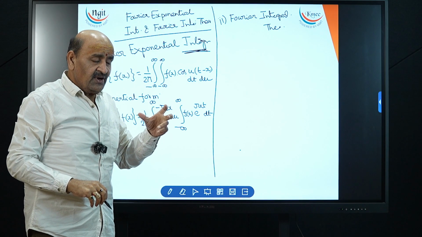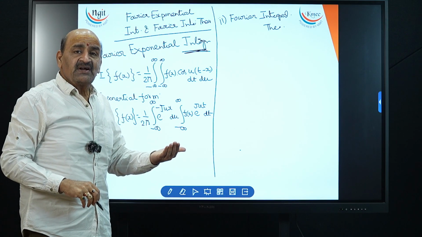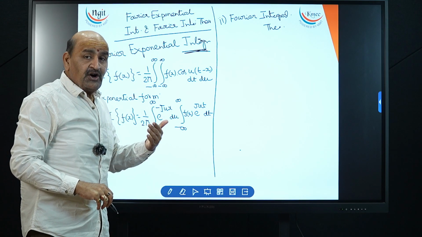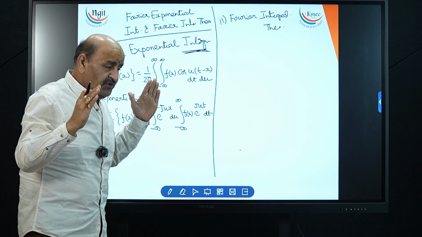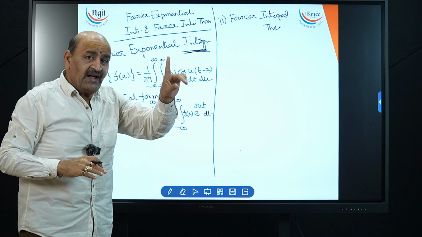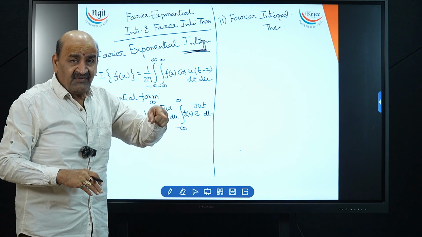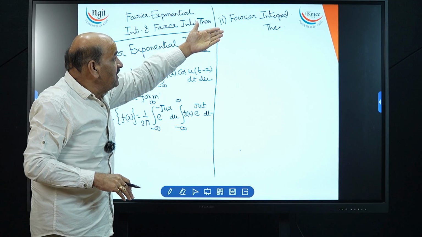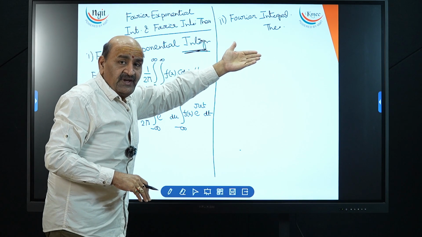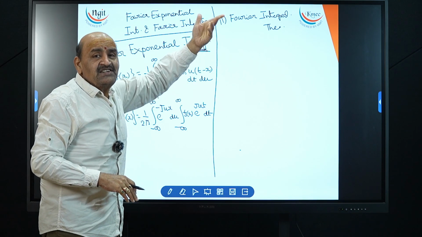What is the main purpose of Dirichlet's condition? Dirichlet's condition always says that the given Fourier series converges to a single value. Similarly, the Fourier integral theorem also says the convergence of the Fourier integral.